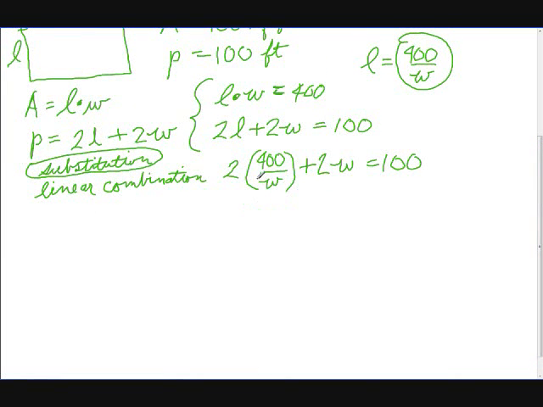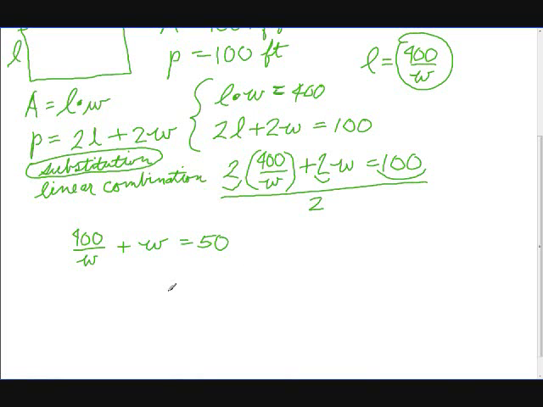And I do not like having W down here. Oh, something I just noticed. See this? 2, 2, and an even number? I could divide this whole thing by 2 right now, which would give me 400 over W plus W equals 50.